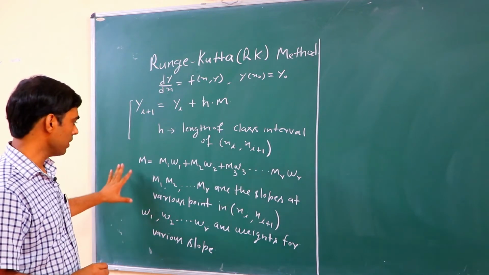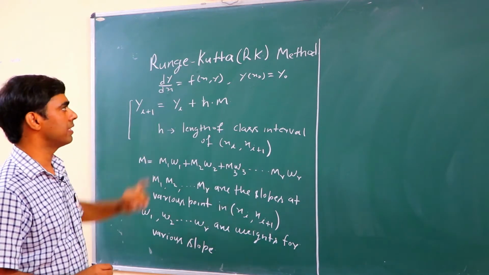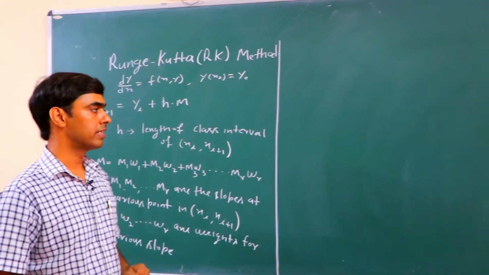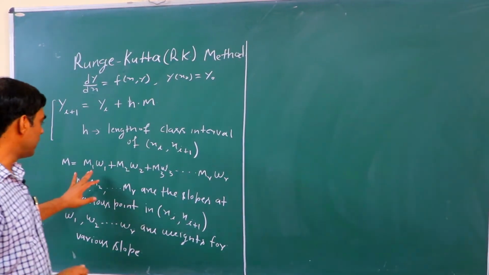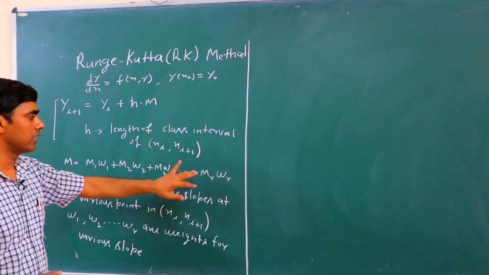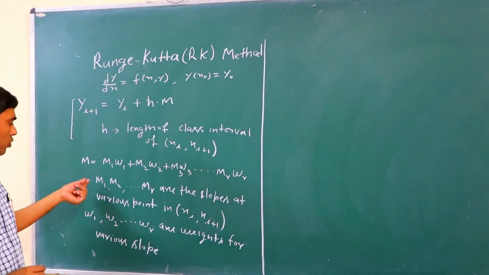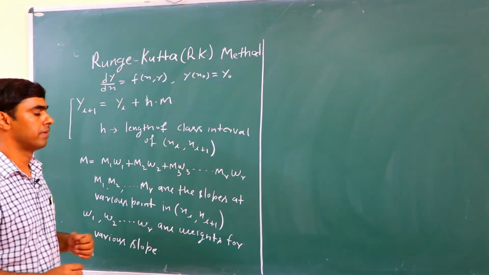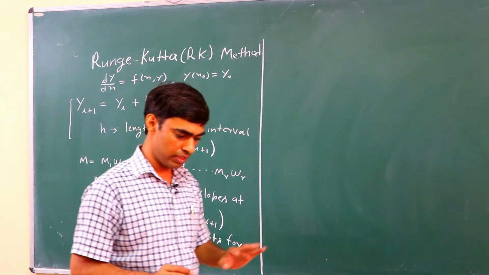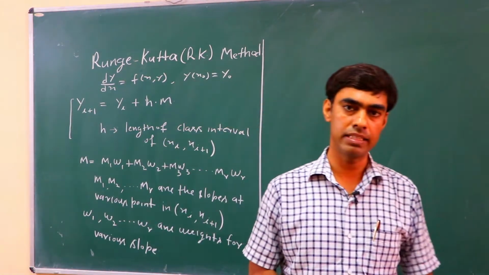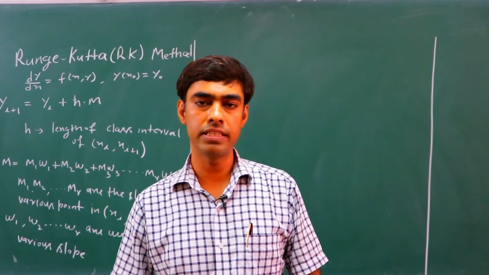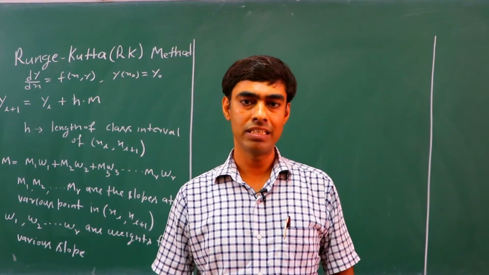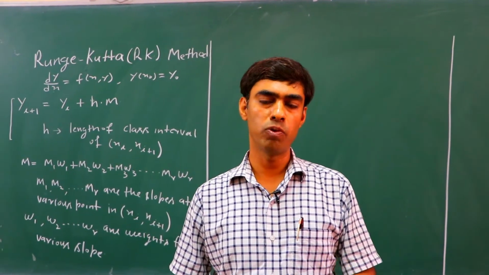Here we first derive the RK method of first order and of second order. Here w1, w2, w3 up to wr are the weights corresponding to the slopes m1, m2, m3 up to mr. What is the meaning of this? In the previous lecture we discussed the Euler method, improved Euler method and modified Euler method. In the Euler method we use a one point slope.